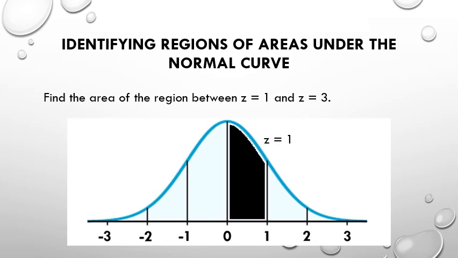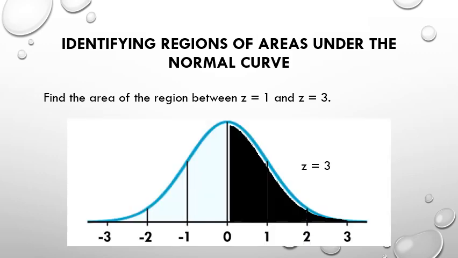That is 1 SD from the mean to the right. And then, this is the graph of z equals 3 or 3 SD from the mean. So, unsaon man nato pagpangita ang region between z equals 1 and z equals 3?